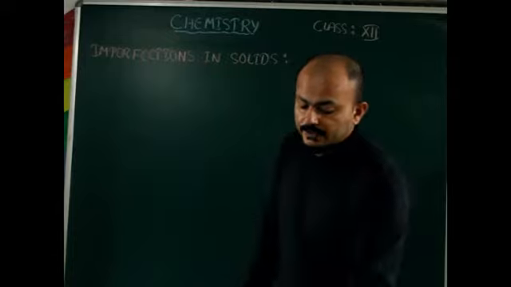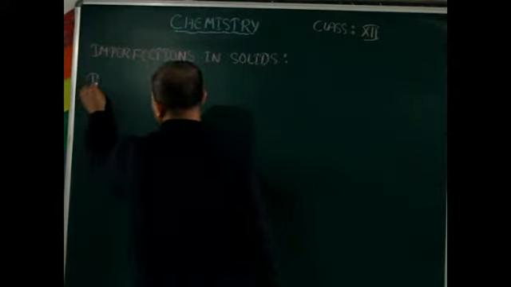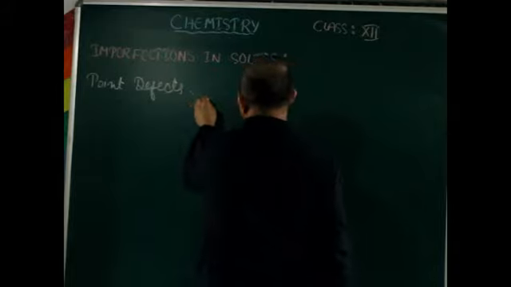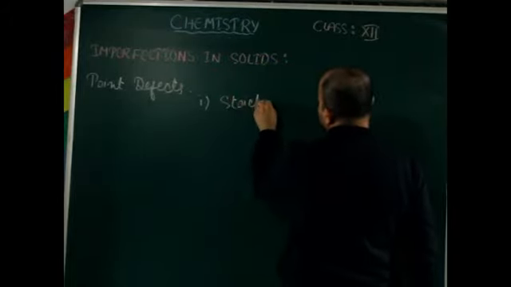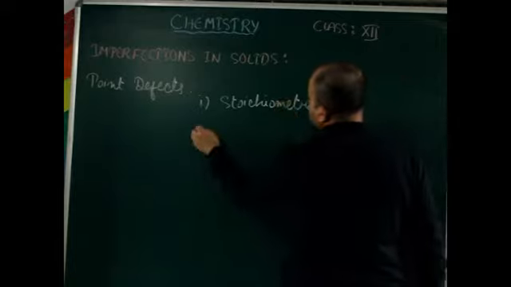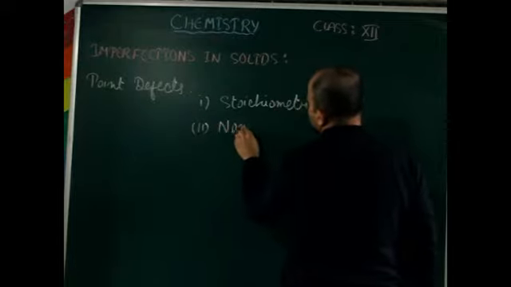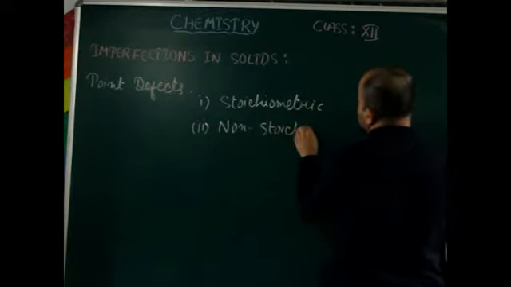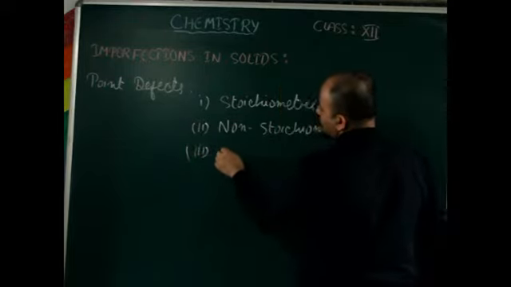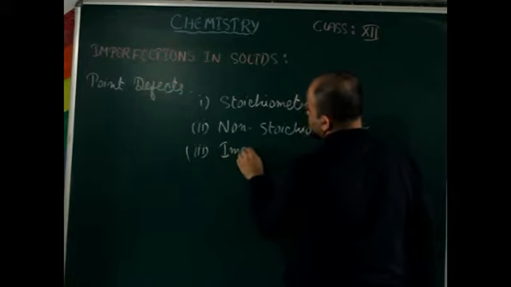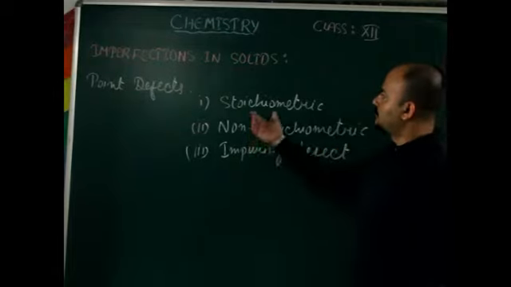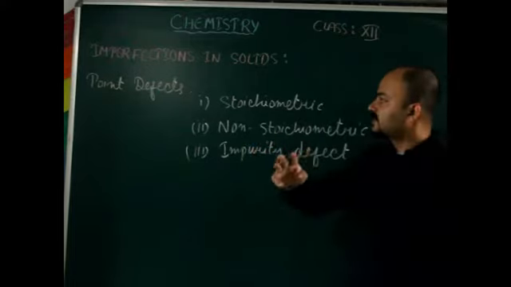So let's discuss them one by one. Okay, so stoichiometric, non-stoichiometric, and impurity defects are the three classes of point defects.